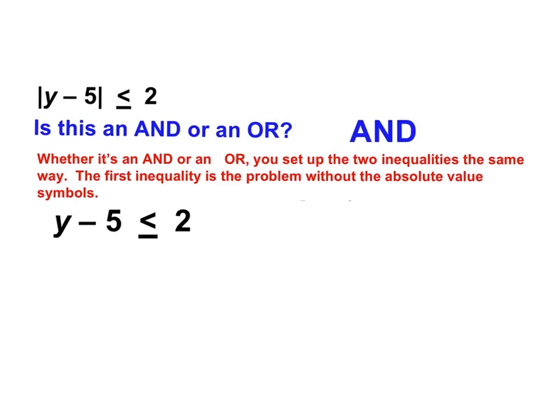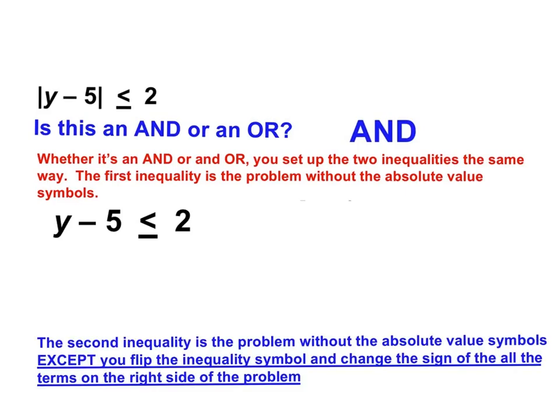The second one is where the twist comes in. I'm going to make the explanation pop up at the bottom so that I can leave space to solve my inequalities. So here is the explanation for how you set up the second one. All right, ready for this? Here it comes.